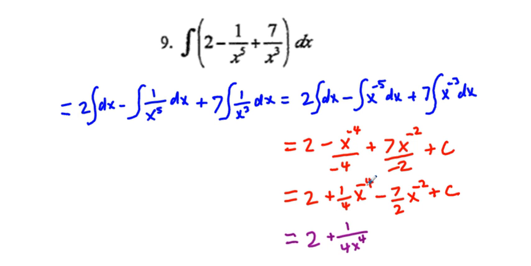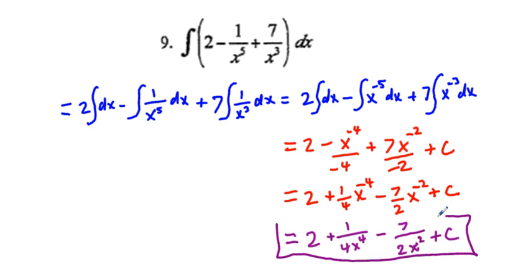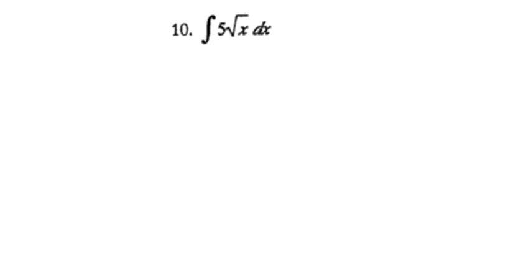That negative 4th power becomes positive 4th power when we drop that down to the denominator, minus 7 over 2x squared plus c. So there we have our integration with the x's to the negative powers. Okay, let's go on and look at our next problem.